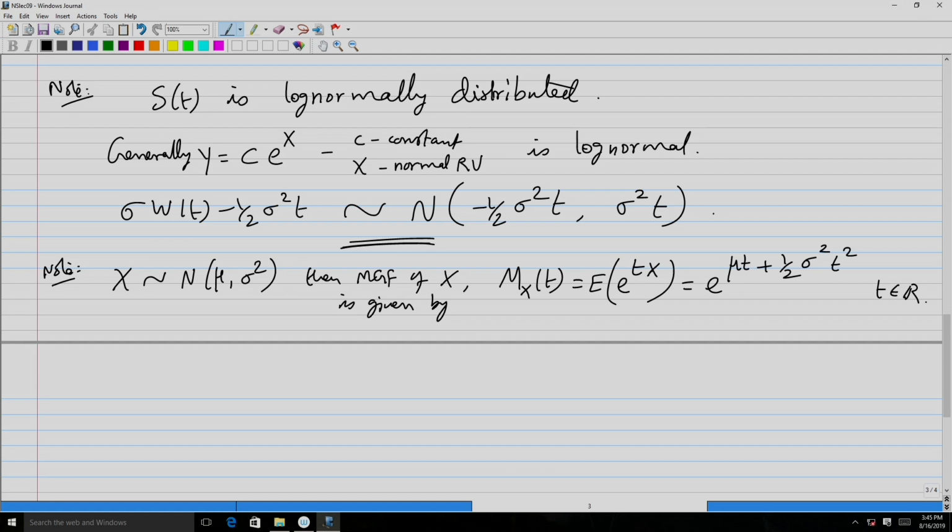MGF may not exist in general, but in this particular case MGF will exist for all t.